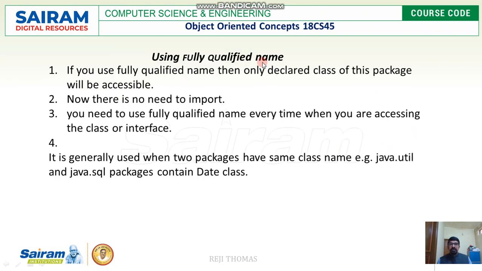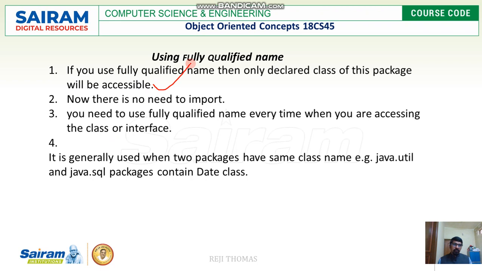Now let us see the other way. We are going to use a fully qualified name. If you use a fully qualified name, then only the declared class of this package will be accessible. Please remember it.